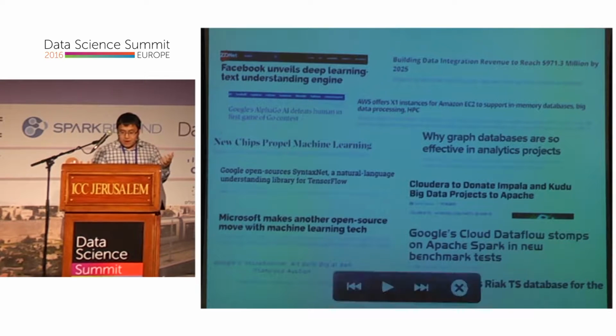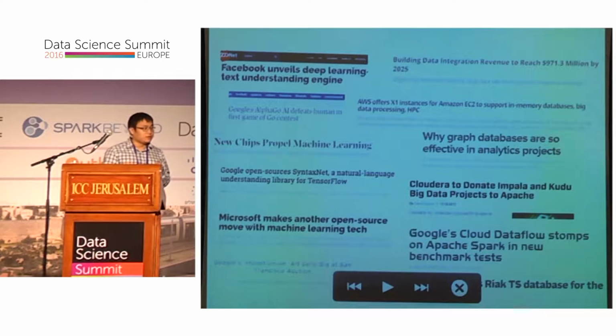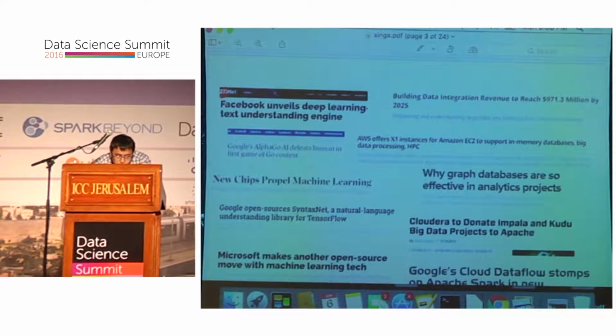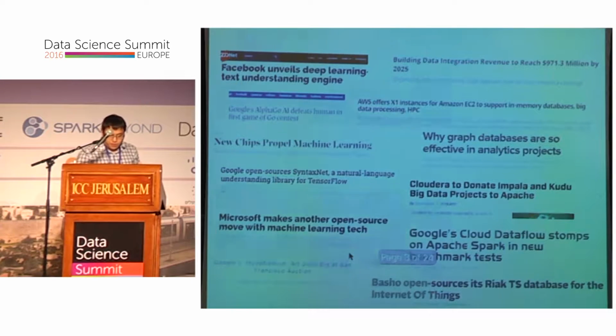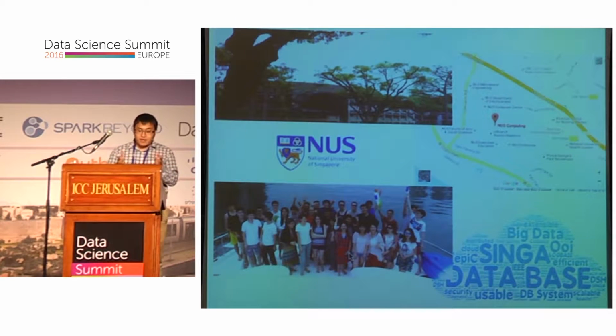Since last year, we have embarked upon a project on developing an open source distributed deep learning platform, because there was a lot of single node open source software for doing deep learning, but there was still a space for a distributed deep learning platform that can run across many nodes on clusters.